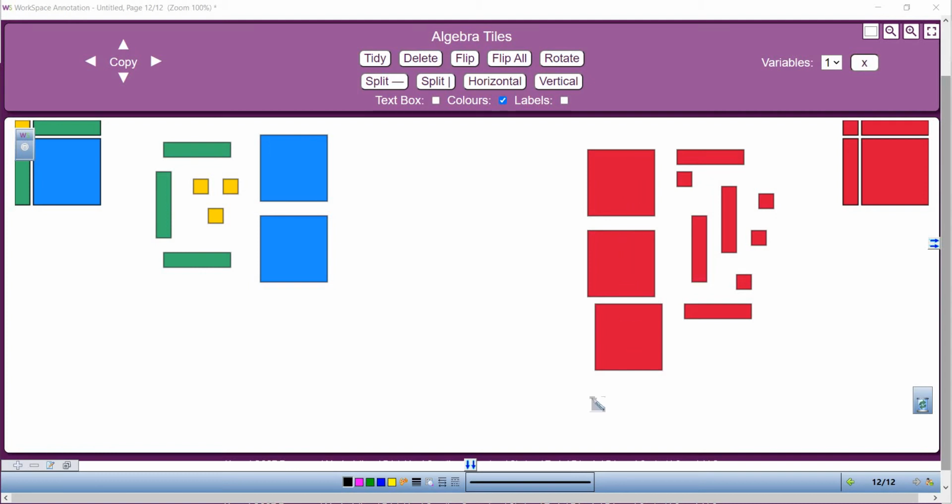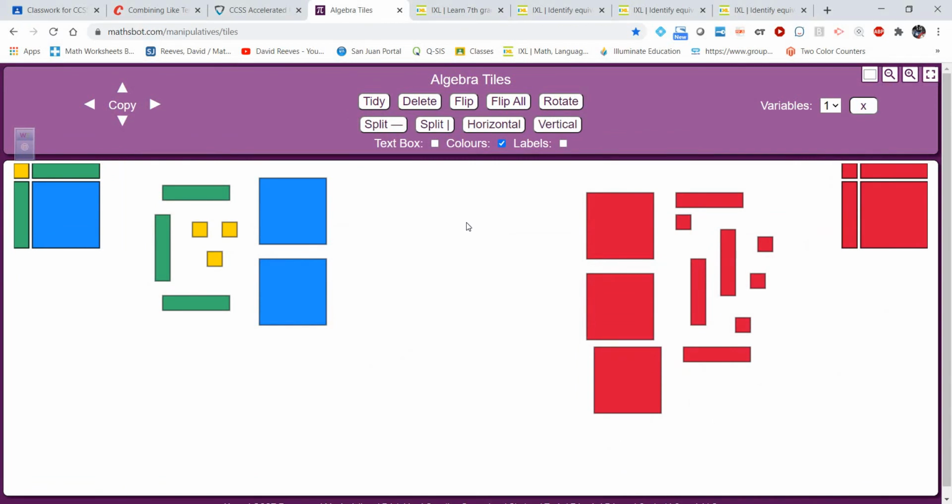I've got 1, 2, 3, so negative 3x squared. 1, 2, 3, 4 plus 4x's, right? 1, 2, 3, 4 plus 4. All right, so these ones represent negatives. These ones represent positives.